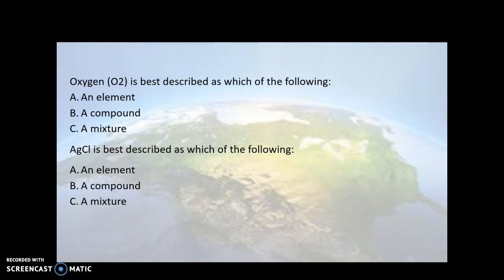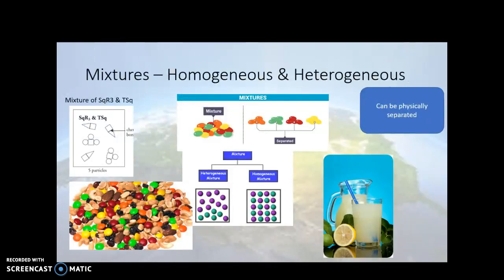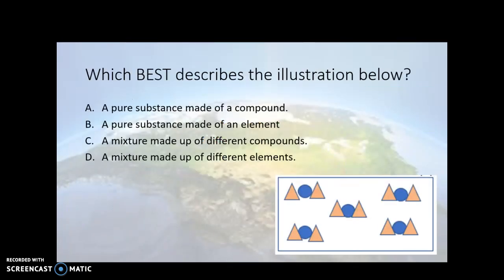Are they elements, compounds, or mixtures? Okay, and then you're given some pictures and asked to identify them. So here is something like what we saw earlier. So is this picture right here a pure substance or a mixture?